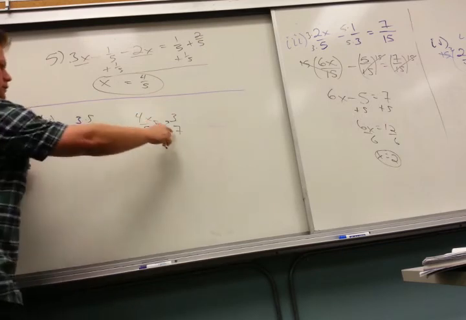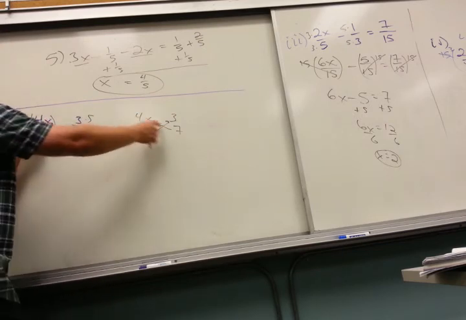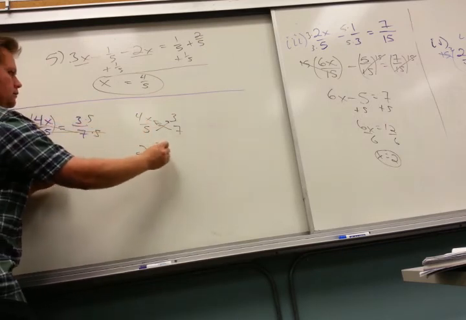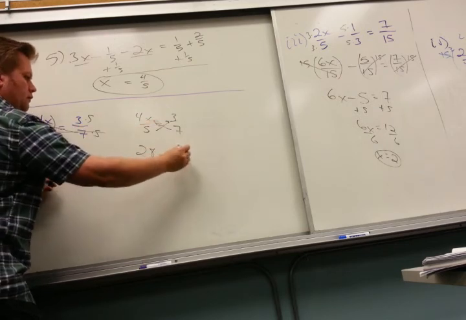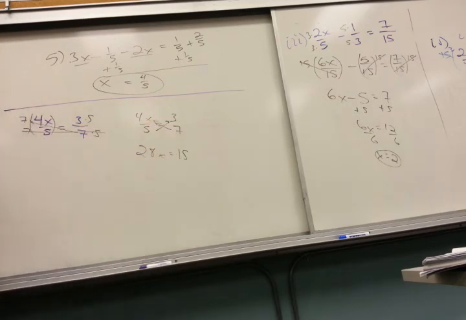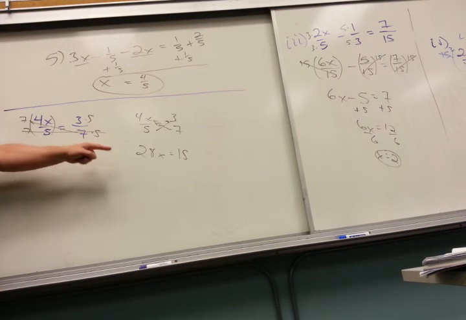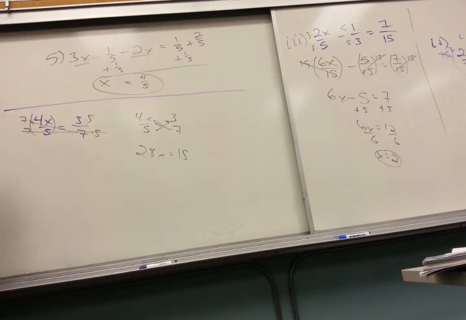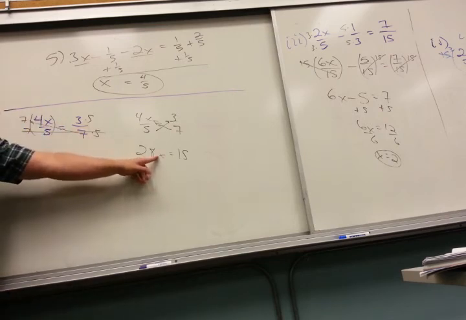So if I do that, I get 7 times 4x, 28x, 5 times 3, 15. And here's like I was saying earlier, you don't let the numbers tell you what to do. You know what you have to do to make x by itself. What do you have to do? Divide. Right? This is 28 times x.